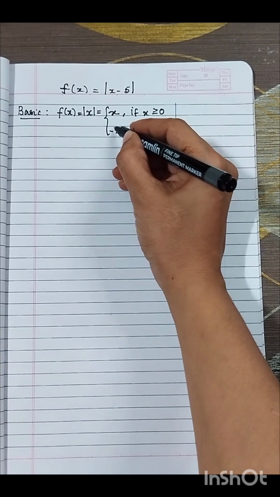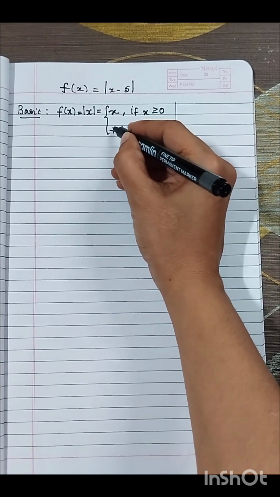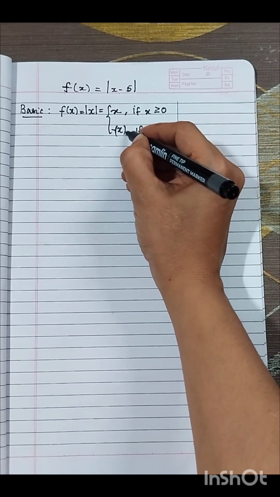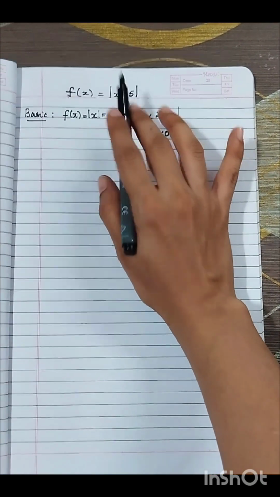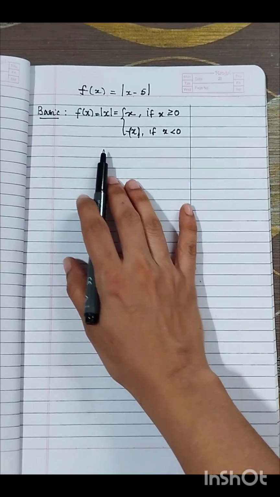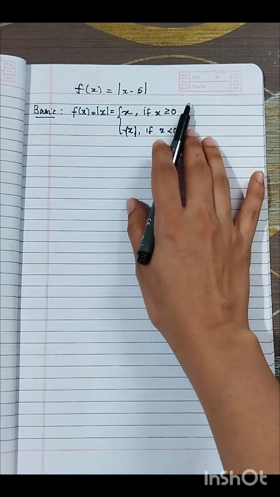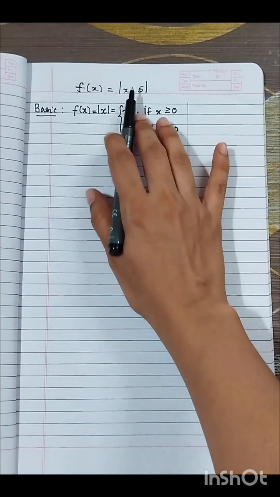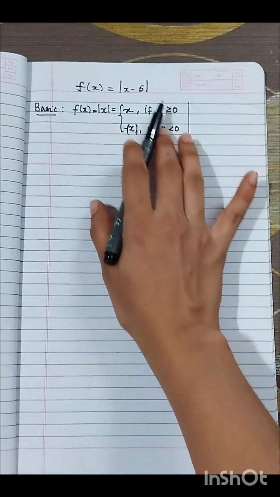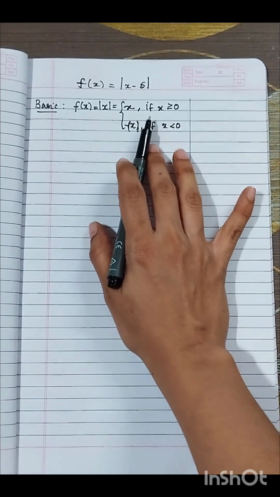I'll suggest you put brackets here so that we won't go wrong when solving this sum. This is the basic function, like a parent function, from which we derive the other modulus functions.